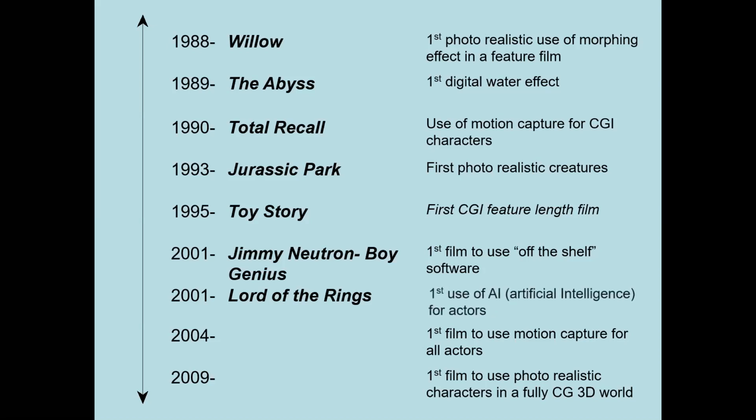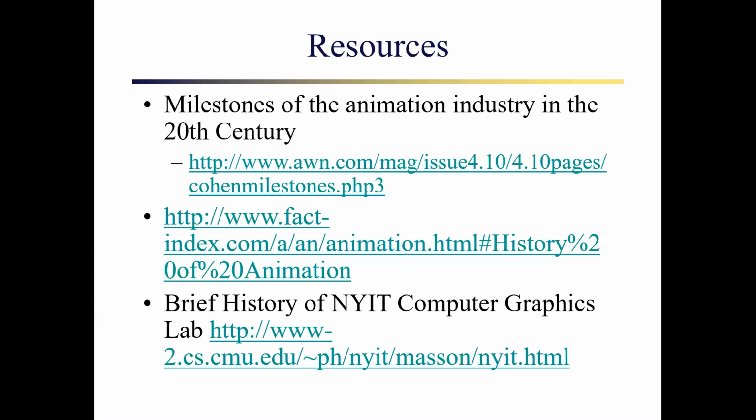The Lord of the Rings, the first use of AI or artificial intelligence for actors. And The Polar Express in 2004, the first film to use motion capture for all actors. And in 2009, Avatar, the first film to use photorealistic characters in a fully CG 3D world.